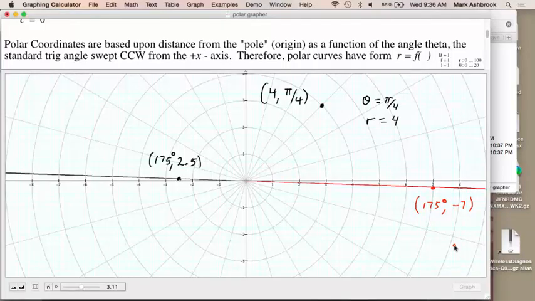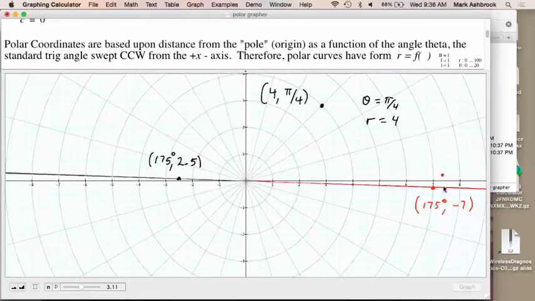We're talking about the angle pointing mostly left, a little bit up, 175 degrees, but then the negative direction for r would be back 180 degrees from that, back this way. So that could be the point 175 degrees, -7.